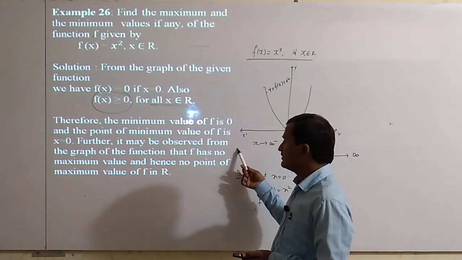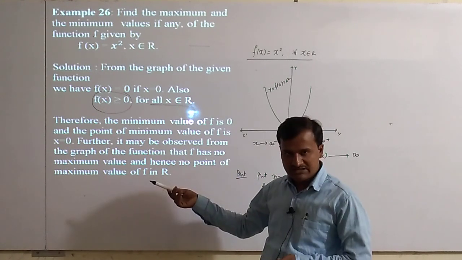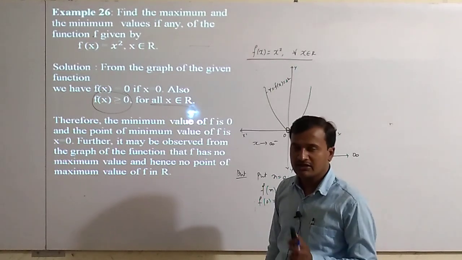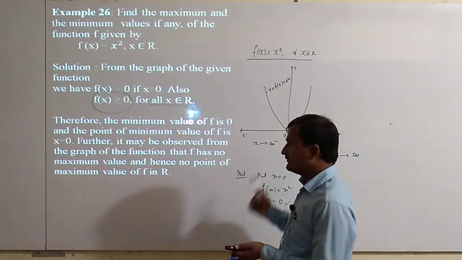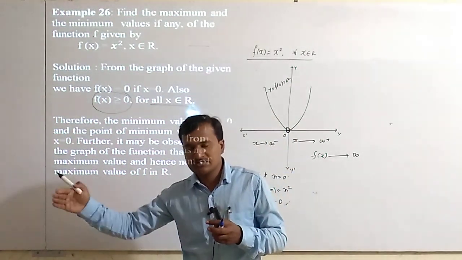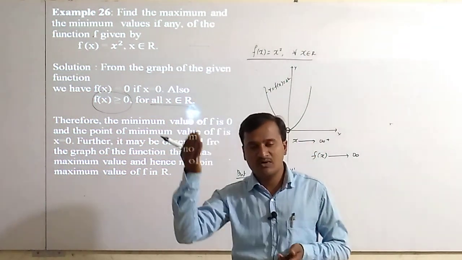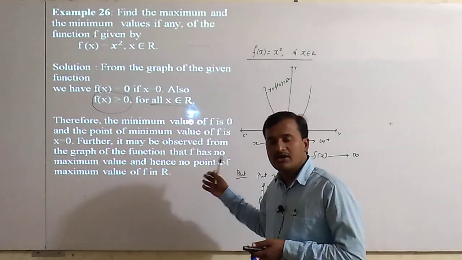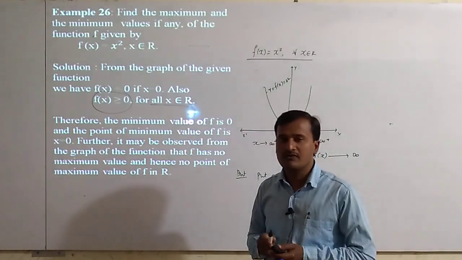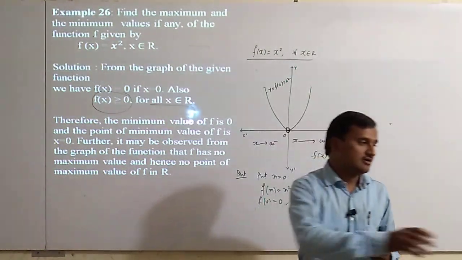Further, it may be observed from the graph that f has no maximum value and hence no point of maximum value in R. If you take x as either plus infinity or minus infinity, we do not get any maximum value, hence this function does not have any maximum value and also no point of maximum.